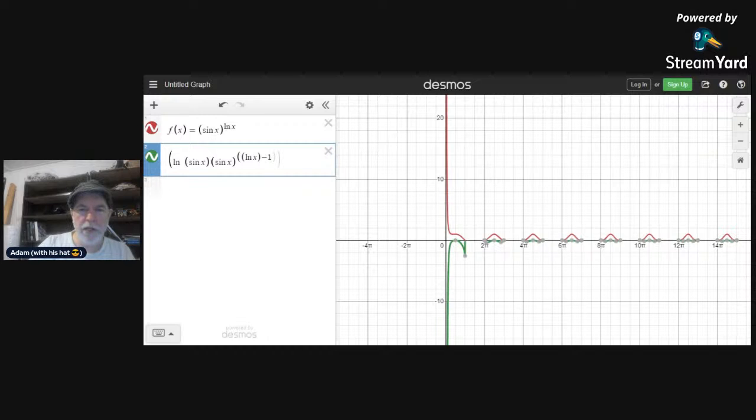No, it's not log x minus 1. That's another one. I'll just put all to the power of log x, and then it's all over x. Okay, but this is all over x.